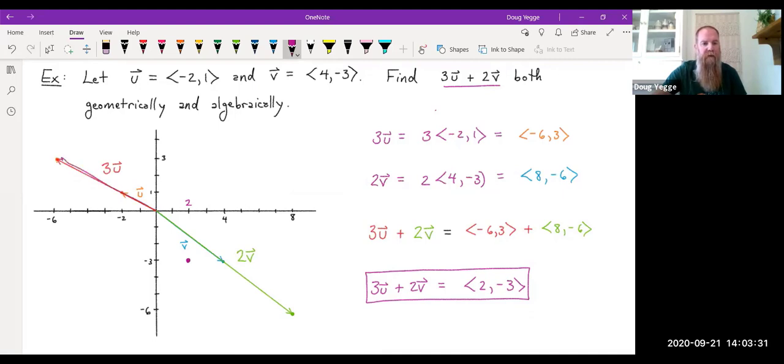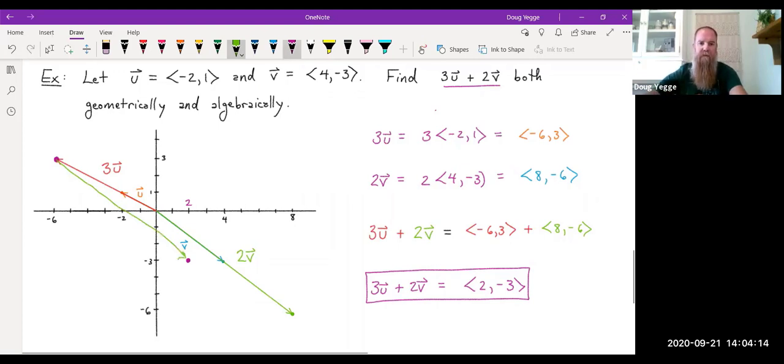So if we start by drawing 3u, which is right here, and we add 2v, then that means we're going to start at the terminal point of 3u. And we're going to move 8 units horizontally and -6 units vertically. Notice what we're doing here is we're just adding on 2v to the end of 3u.